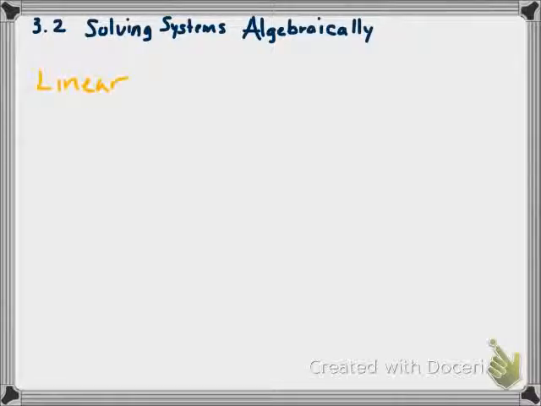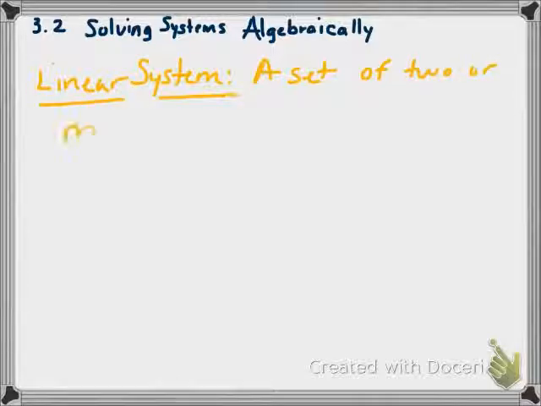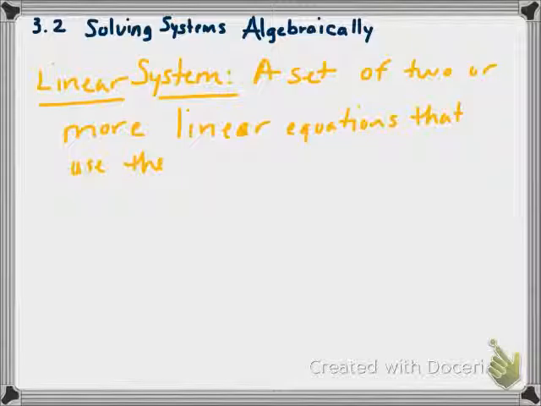So the first thing we need to understand is, what is a linear system? Well, a linear system is going to be a set of two or more linear equations that use the same variables.